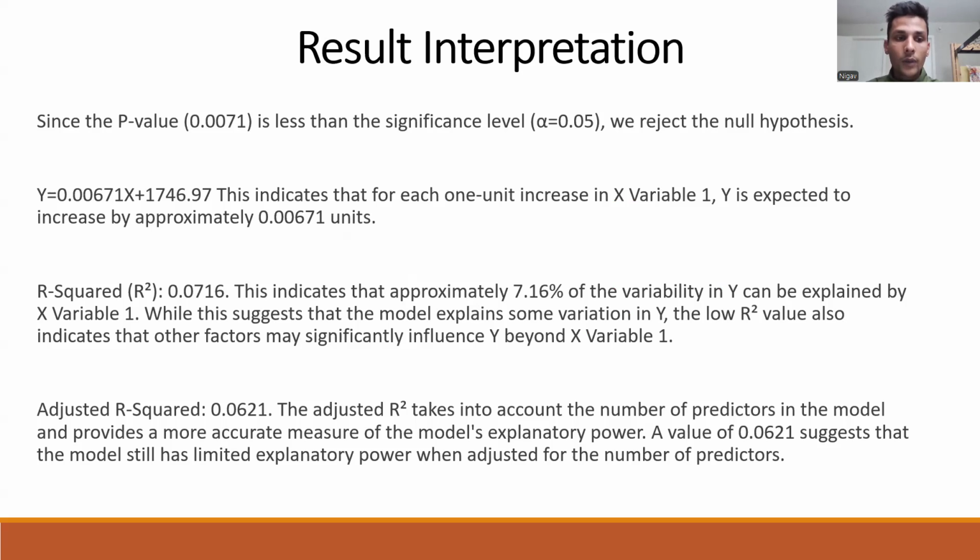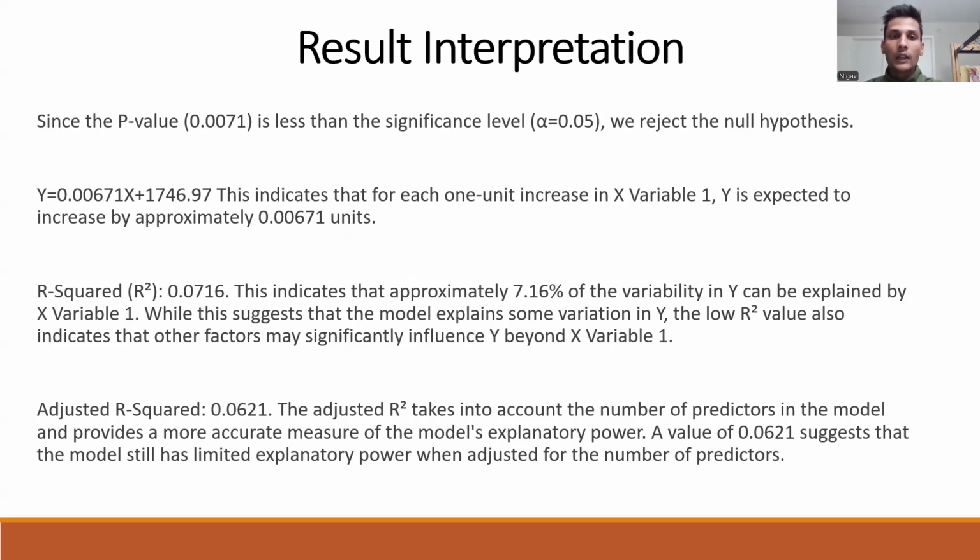The R square value is 0.0716, which indicates that 7.16% of the variability in y can be explained by the X variable. Likewise, adjusted R square is 0.0621. The adjusted R square takes into account the number of predictors in the model and provides a more accurate measure of the model's explanatory power.